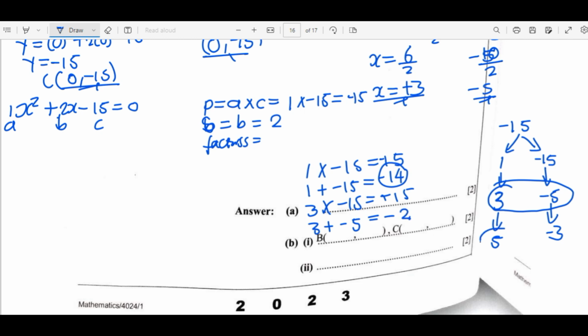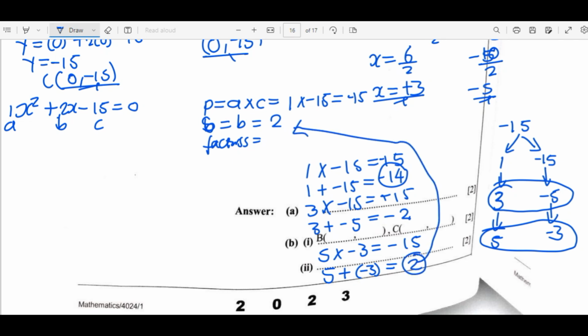Let's try 5 and negative 3. 5 times negative 3 is negative 15, and 5 plus negative 3 is positive 2. So we can get this. The two factors are 5 and negative 3.